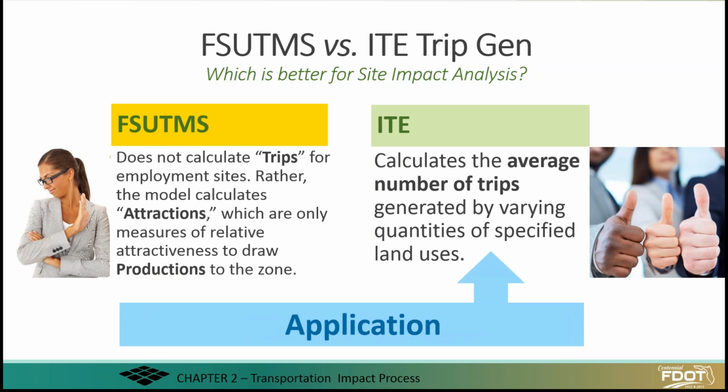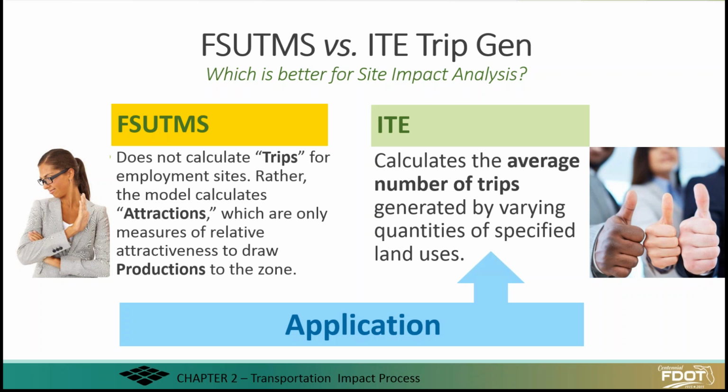On top of that, the model from FSUTMS will also make adjustments on attractions, which are the types of trips which are generated at the employment end of the trip. So if you're doing a site impact for a large shopping area or a large business park or some other type of activity, FSUTMS will adjust the trips coming out of the model up or down in order to make it match on a regional level with the number of productions coming out of people's homes.